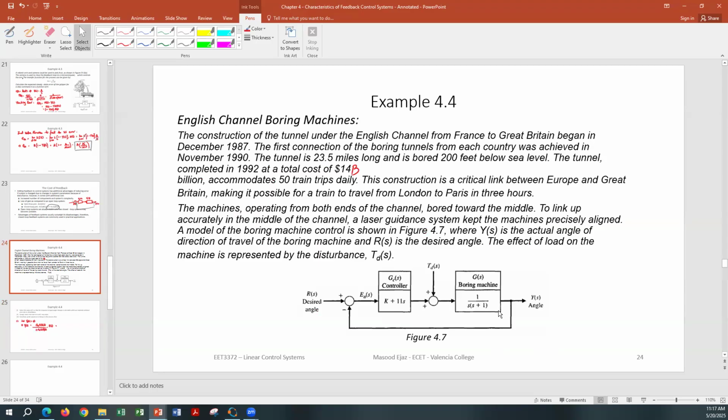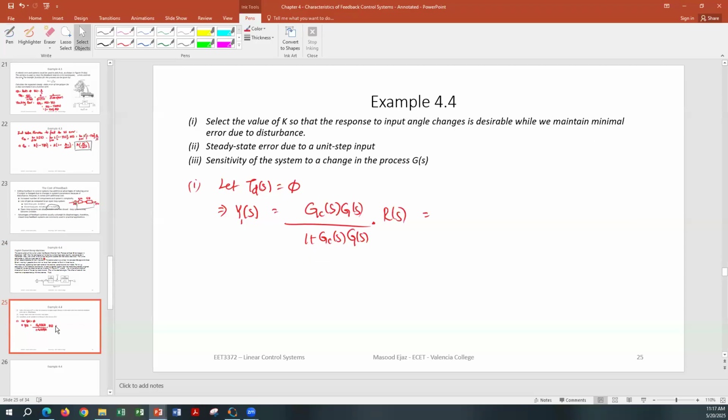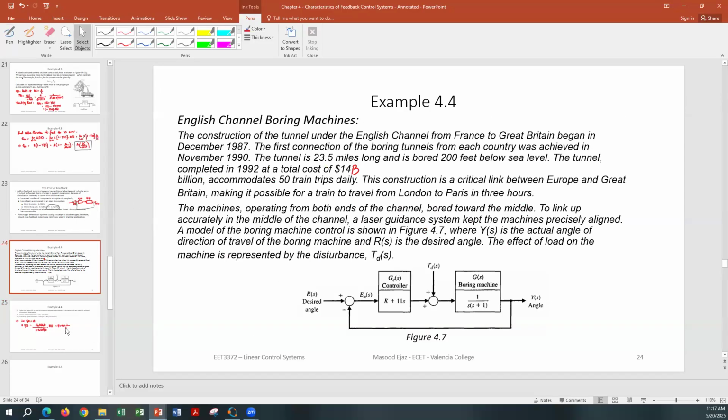That is (K plus 11/s) times 1 over s(s plus 1).